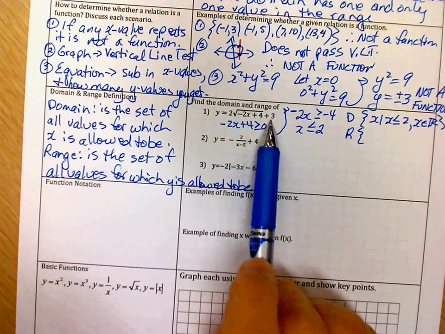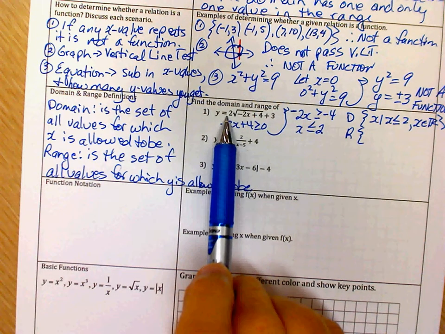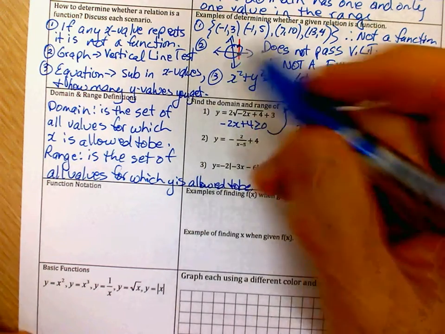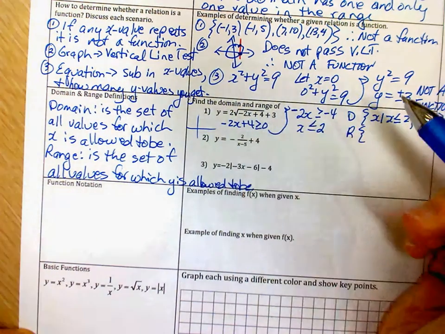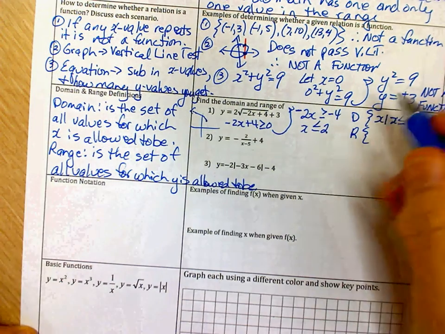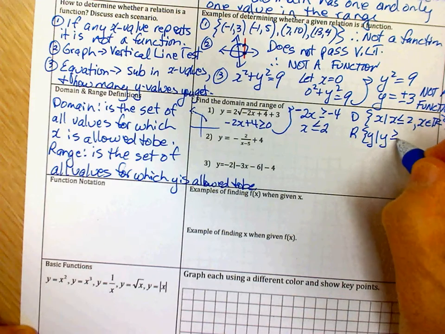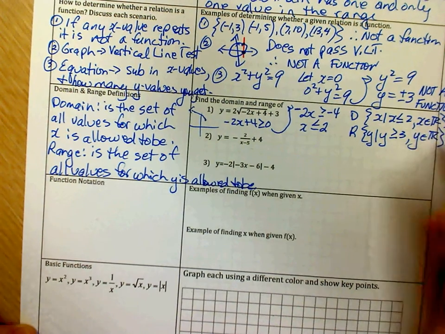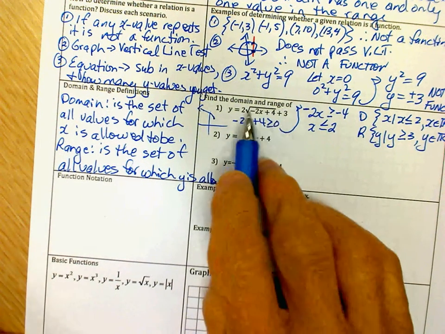So right away I know, since this is positive, that it's going upward. Actually, there's a reflection in the x-axis, so this graph would look something like this. So our range is y such that y is greater than or equal to 3, and y is an element of real numbers. It's 3 because the square root function was vertically translated up.